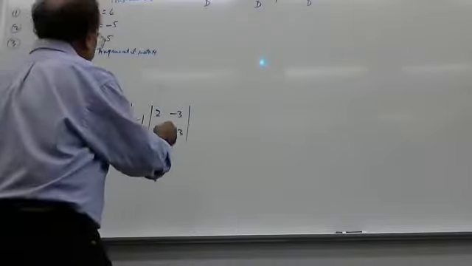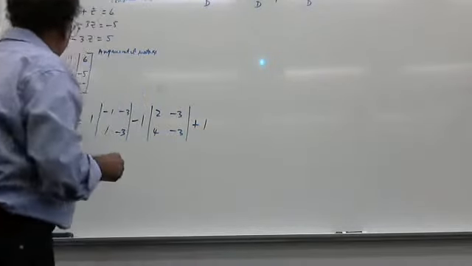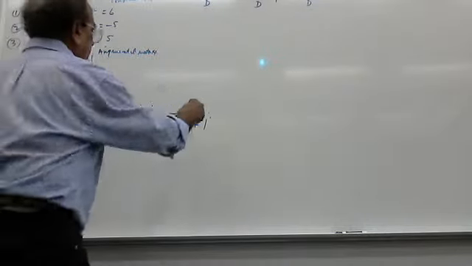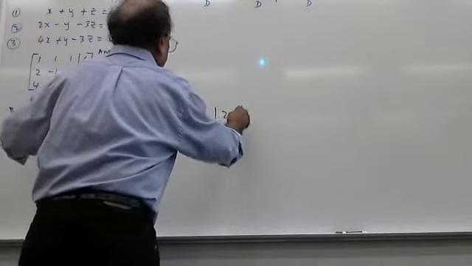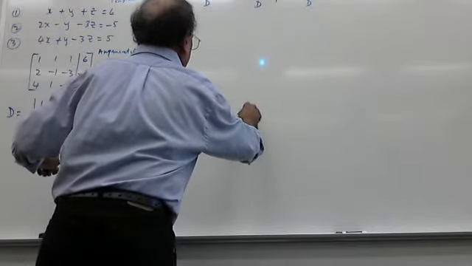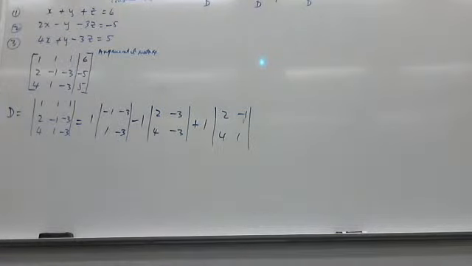Then my next one would be +1, which I get from the first row and third column. And then I'll be using here the numbers 2 and -1, 4 and 1. Now, I had mentioned before how to find the determinant.